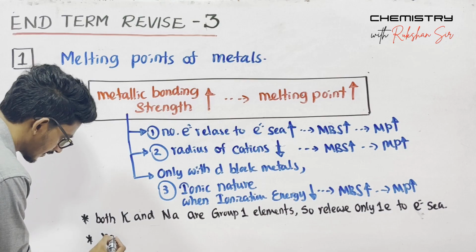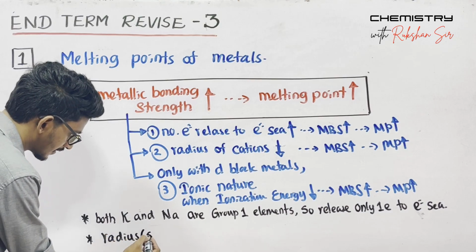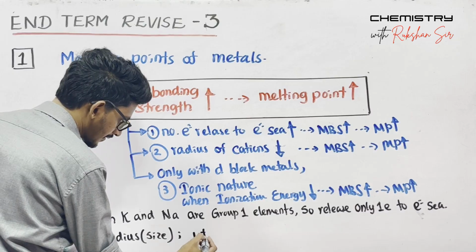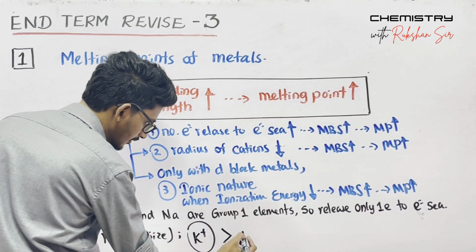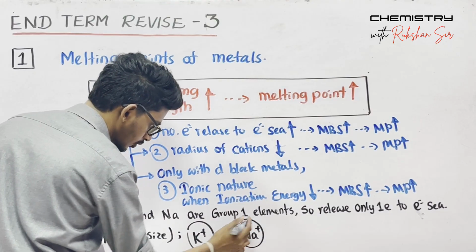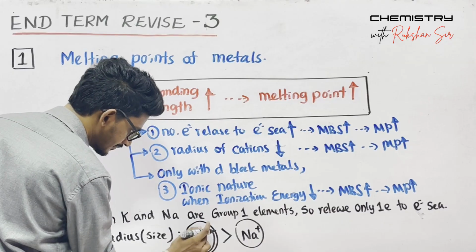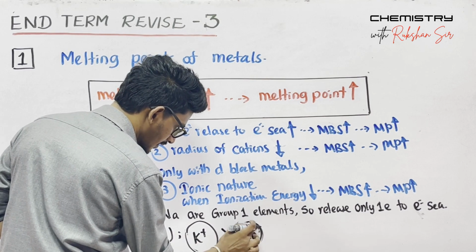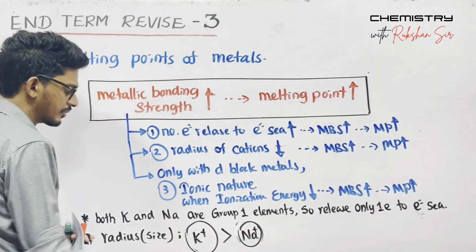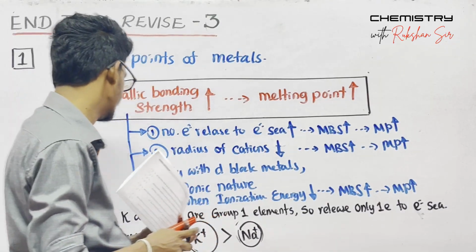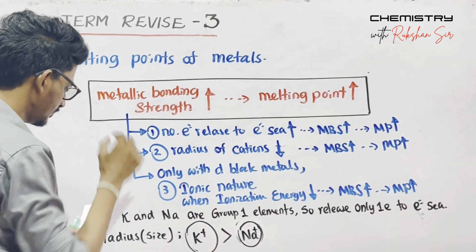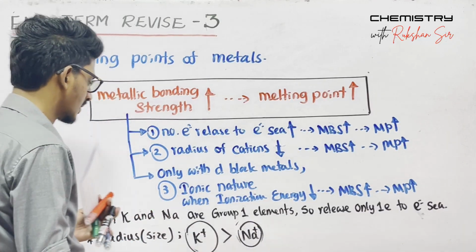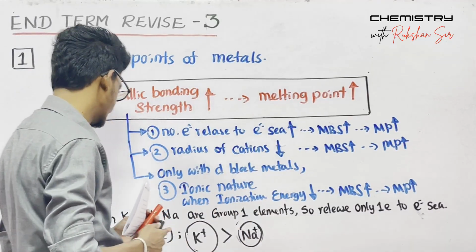When it comes to radius or the size, we know the K plus is larger than the sodium plus. Sodium plus is smaller and K plus is larger, right? Sodium plus means only 10 electrons are there. K plus means you have 18 electrons there. So as the radius is smaller with sodium, its metallic bonding strength is high.